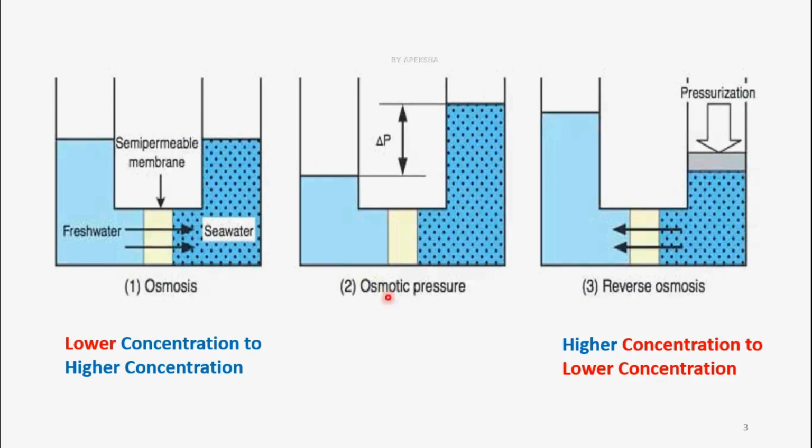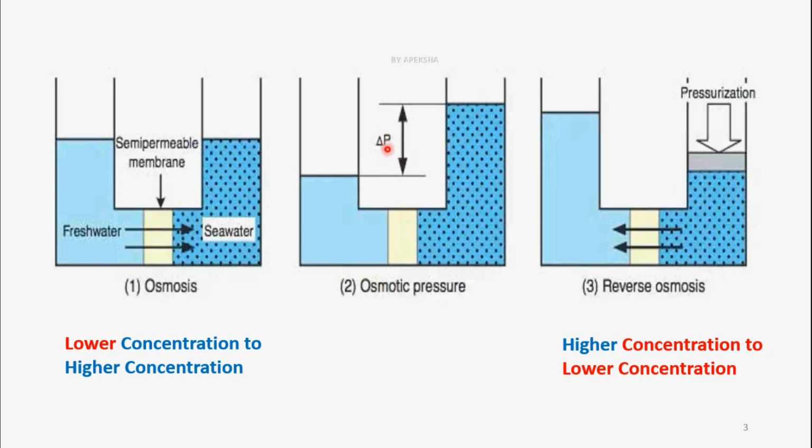So this is the picture of osmosis, osmotic pressure, and reverse osmosis. Osmosis means the movement from lower concentration to higher concentration, fresh water to the seawater, through the semi-permeable membrane. And what is osmotic pressure? The pressure is not applied, but naturally exists on the fresh water, and because of that water molecules move from lower to higher concentration.